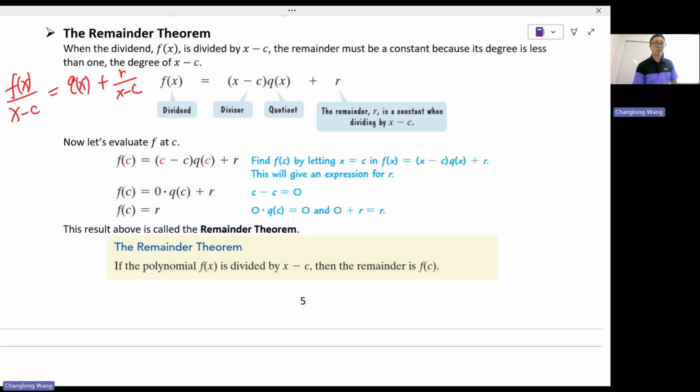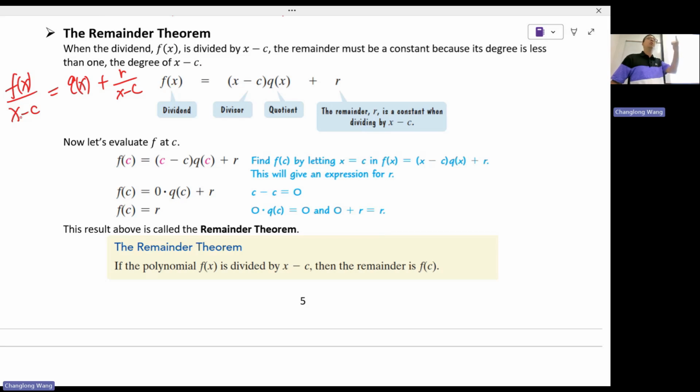By the way, the reason why they put r as a remainder without a variable x is that r has to be a constant. You will have to do the division by a degree 1 divisor, right? You only stop the division algorithm when you get a new dividend which is lower in degree than the divisor.